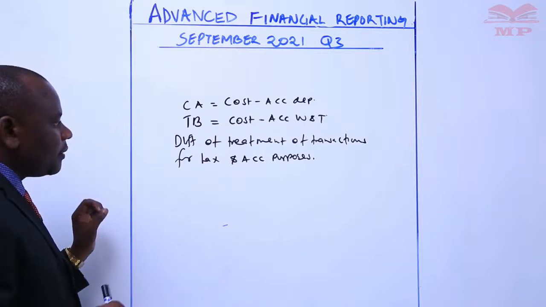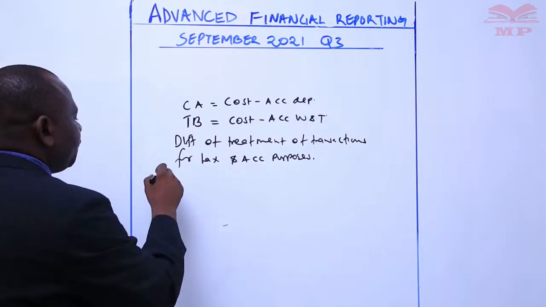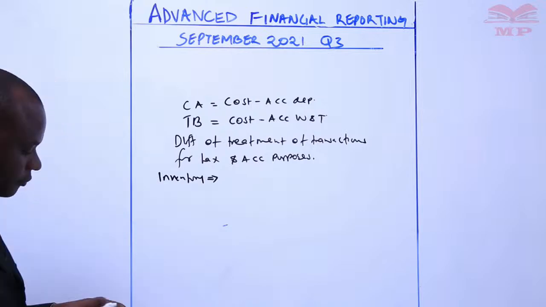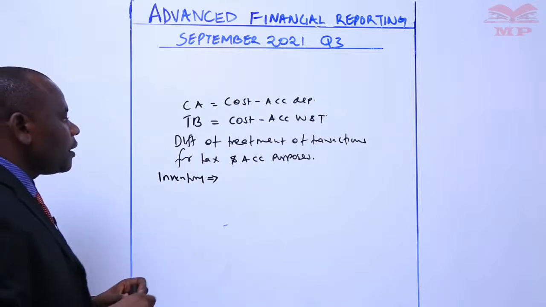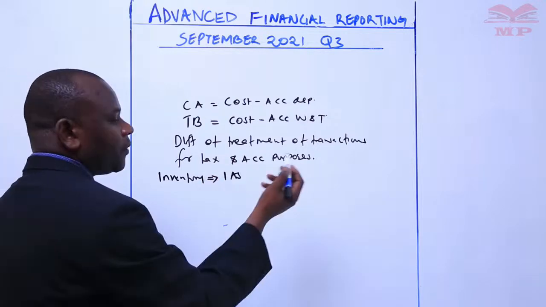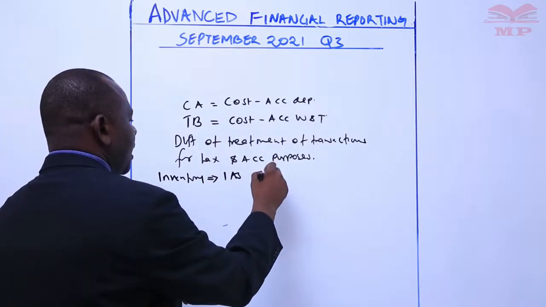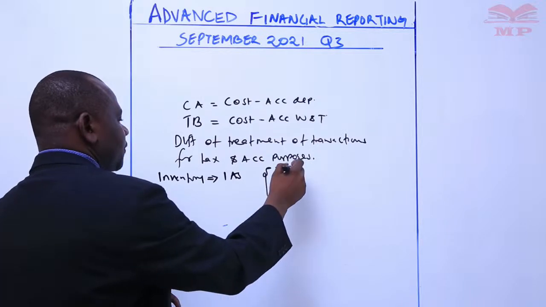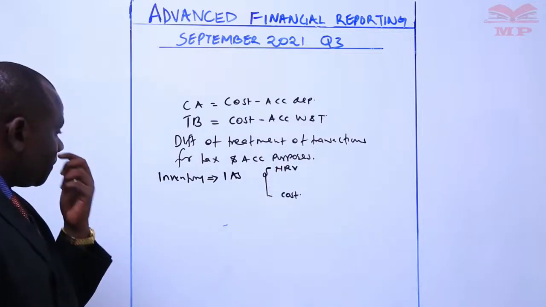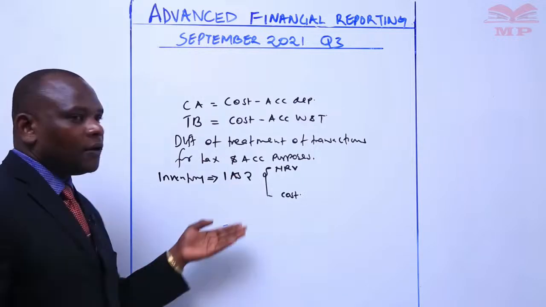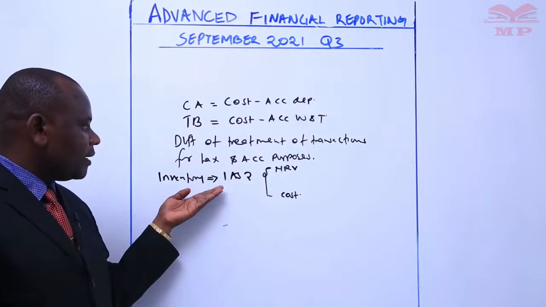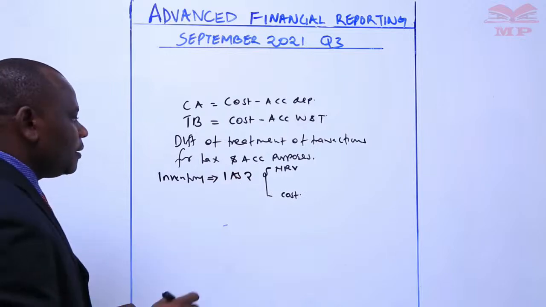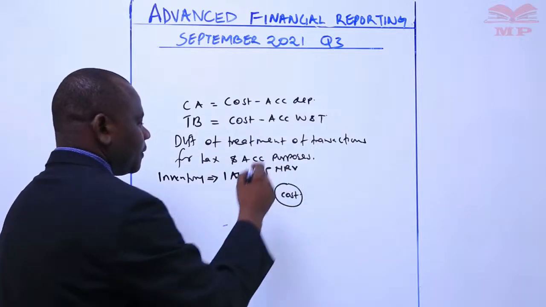For example, let's take inventory. According to IAS 2, inventory should be valued at the lower of NRV and the cost. That is net realizable value and the cost. IAS 2 is not recognized by the taxman. And therefore, the taxman will take the inventory to be valued at cost.